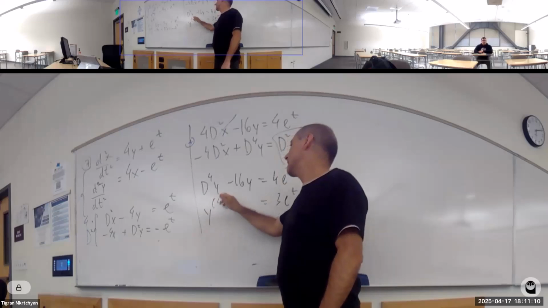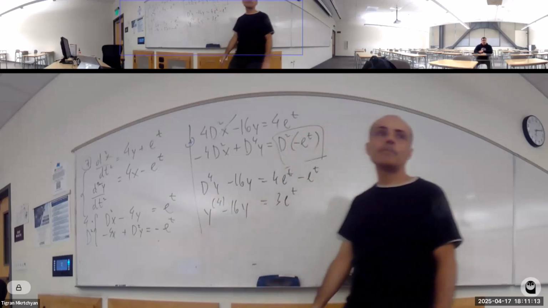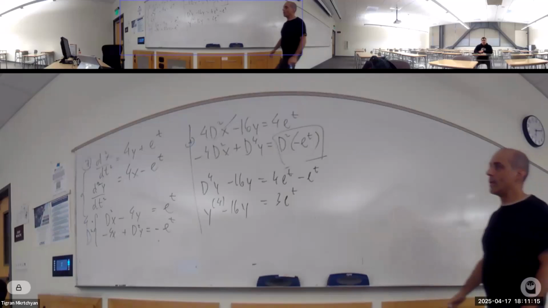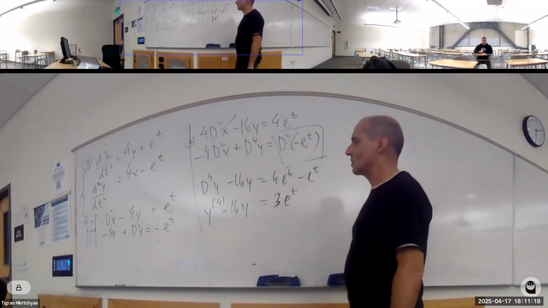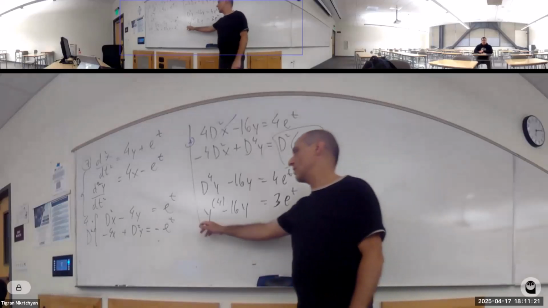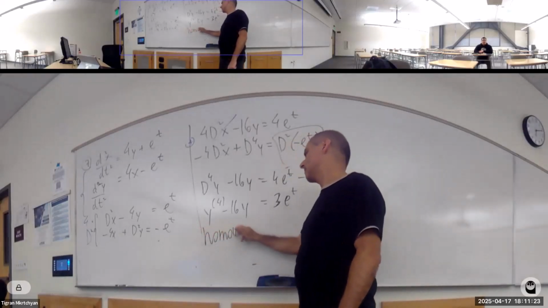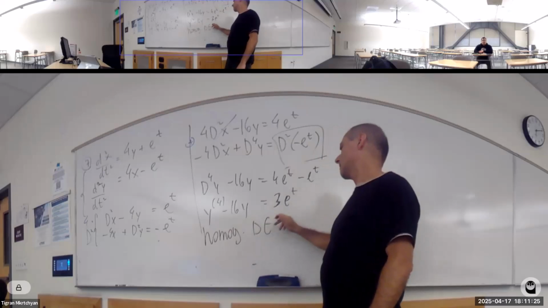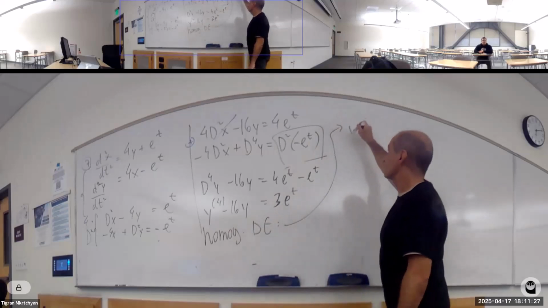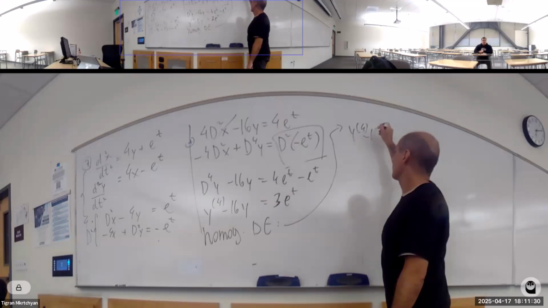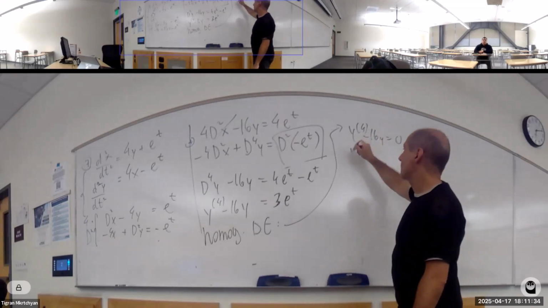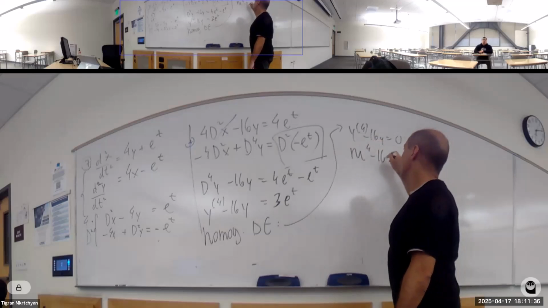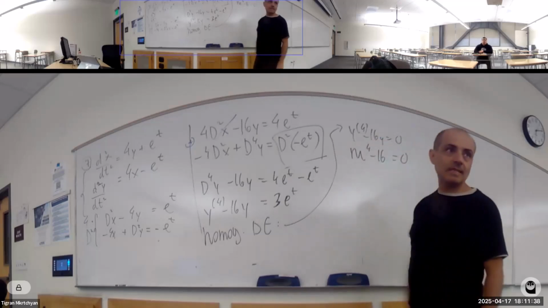Basically, we have this. So now we're back to undetermined coefficients to solve that. First we'll solve the homogeneous equation. And this is the reason I wanted to do this problem.